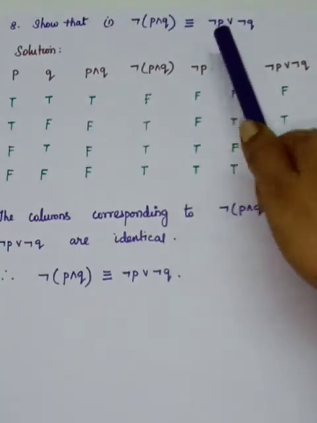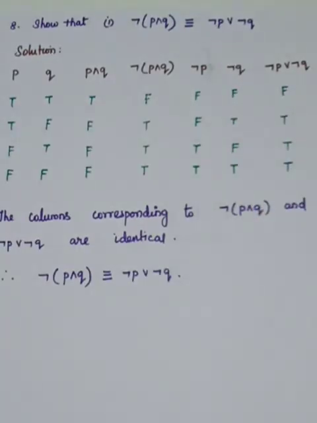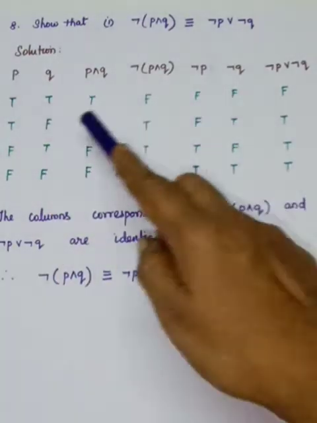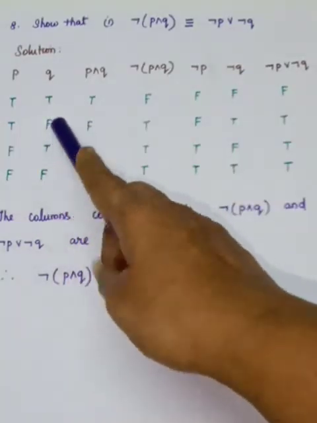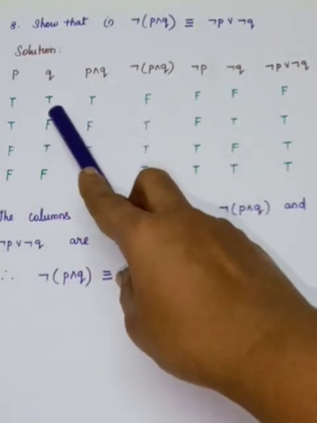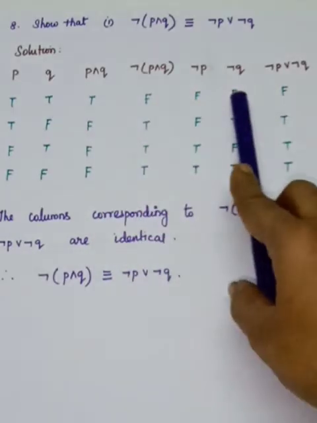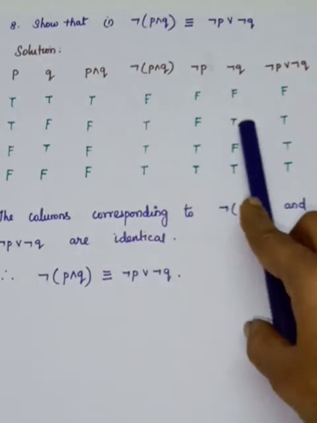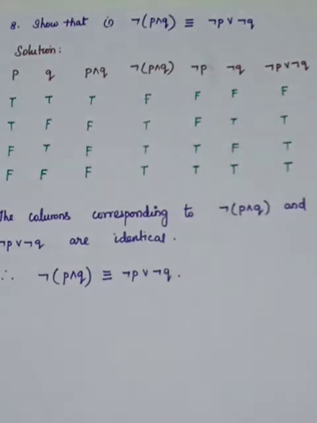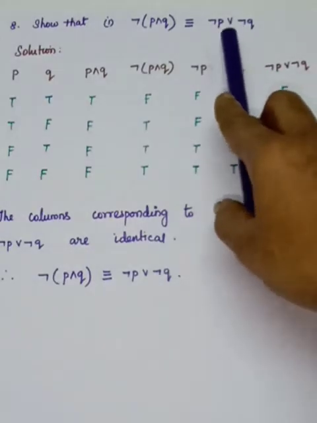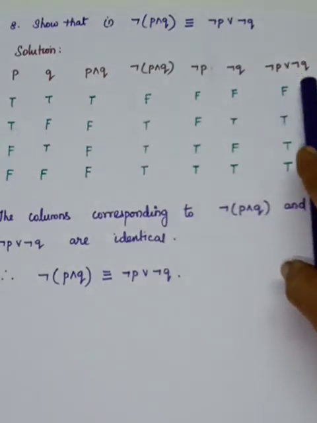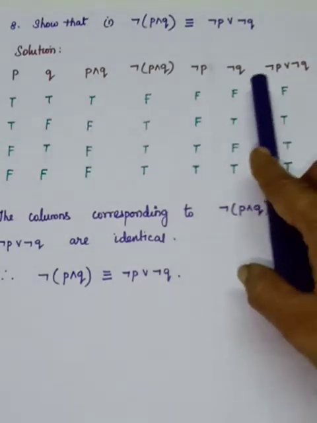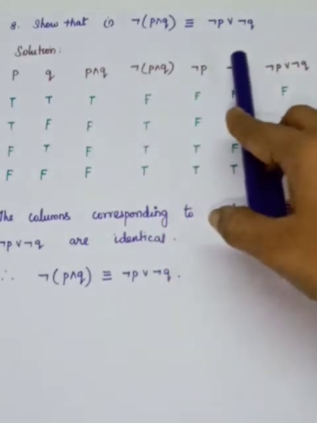Coming to the right side, the first term, what is needed? Negation P. So you go to the column P whose negation has to be written. So therefore F F T T. Next negation Q. In the second column, if you want to write the negation of Q, if it is true you have to write false, and if it is false, you have to write true. In this way, I have filled the negation Q. So in the question, negation P or negation Q. Here I have written negation P or negation Q. So you have to see the 5th column and the 6th column.